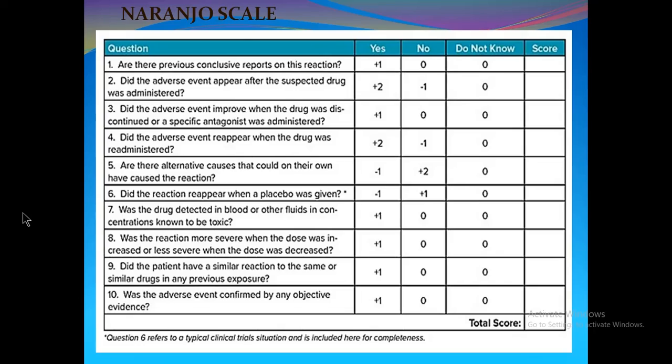Was the adverse event confirmed by any objective evidence? If the answer is yes, the score is plus 1. If answer is no, the score is 0. If do not know, again score is 0. Here we see that if the answer is do not know, then the score is always 0.